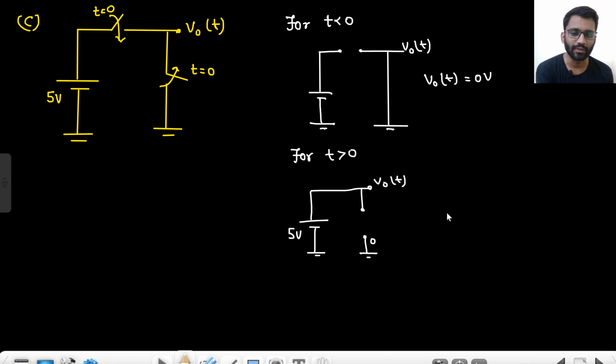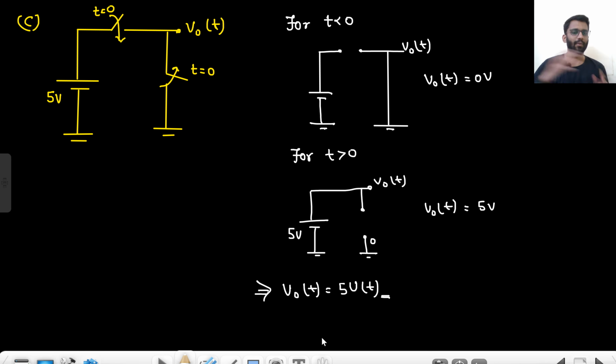This node is 0, so this node is 5 volt, so V naught T will be 5 volt. So your final V naught T is 5 volt, right? Are you getting this point?